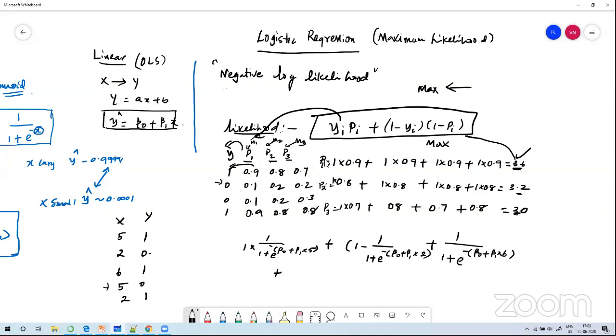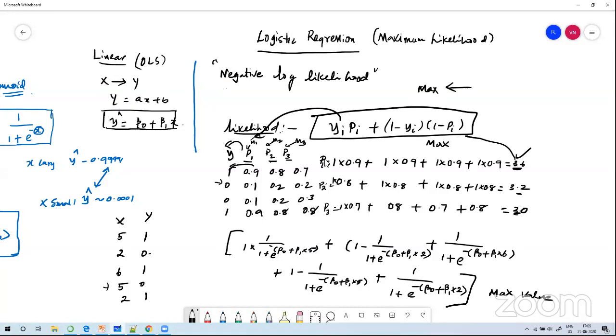For the fourth observation, 1 minus 1 by 1 plus e to the power of negative (beta naught plus beta 1 into 5), plus the last observation, 1 by 1 plus e to the power of negative (beta naught plus beta 1 into 2). This is our cost function. And we want to find the values of beta naught and beta 1 in such a way that this cost function takes the maximum value.